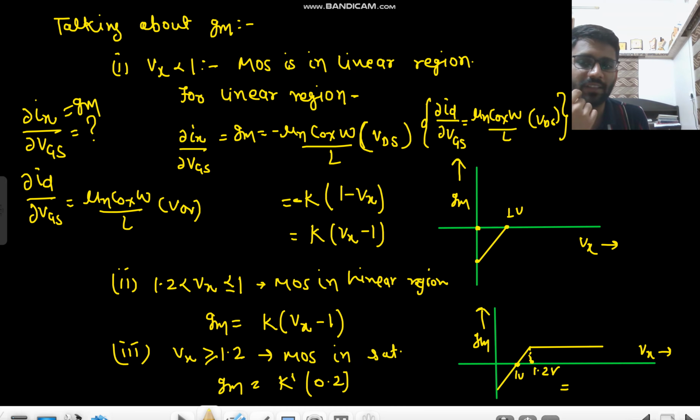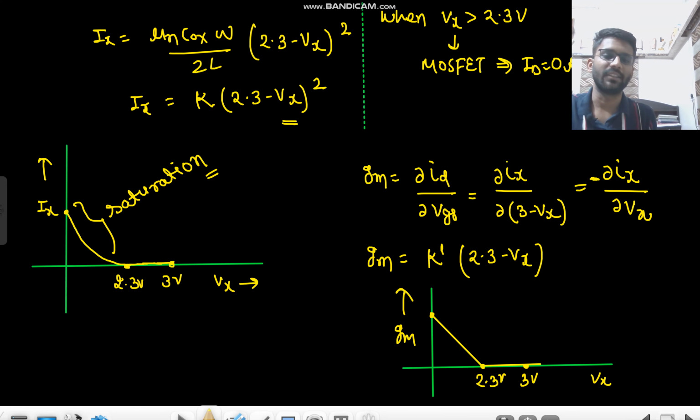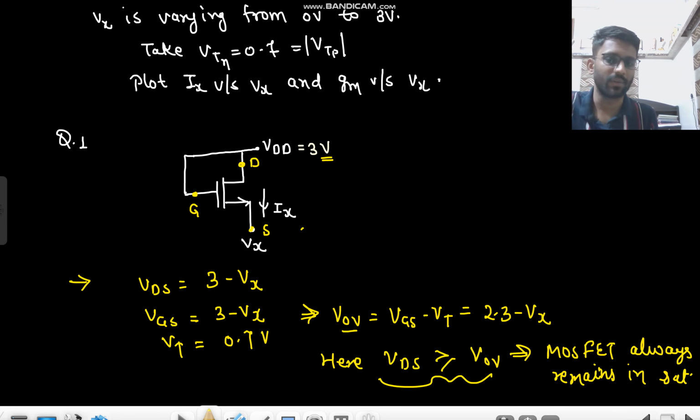So delta Id upon delta Vgs we already know, that is mu n Cox W by L, and your Id is equal to minus Ix. MOS is in linear region and Id equals minus Ix, right? So if Id is equal to minus Ix, we just wrote here, and then this minus sign will come here. The Gm is defined as delta Ix upon delta Vgs, okay, because of this direction of drain current. Ix is already defined here.